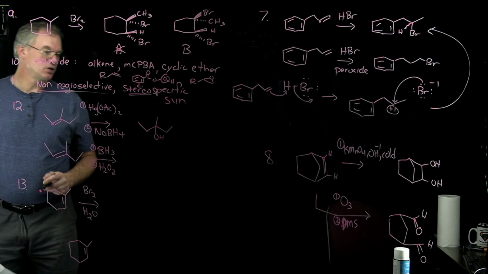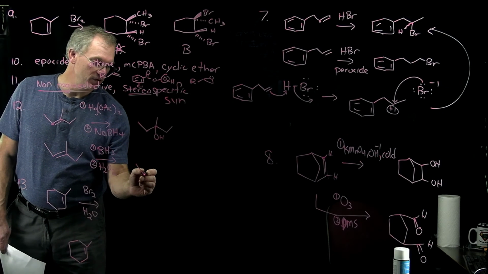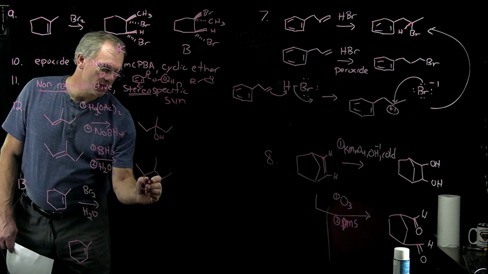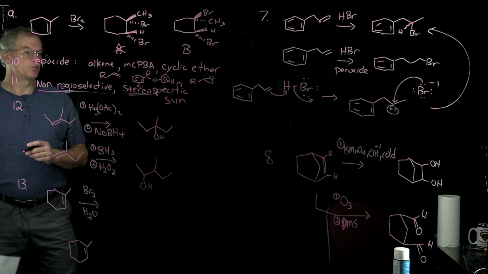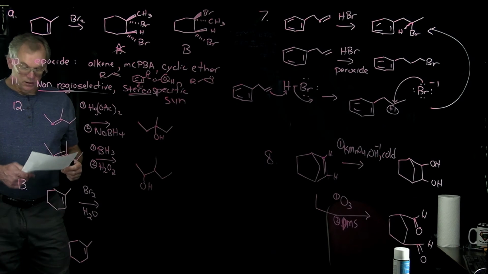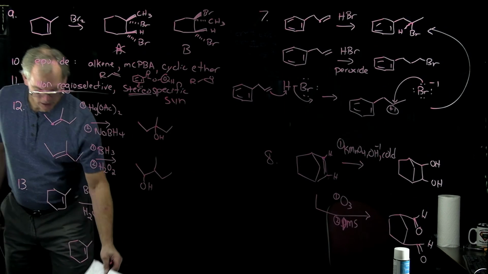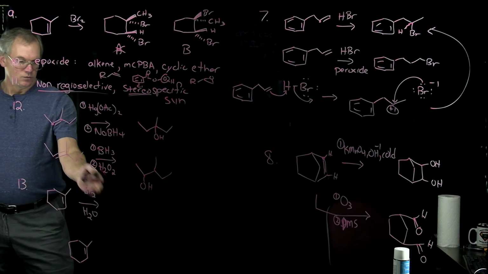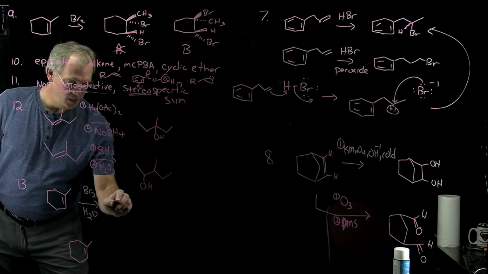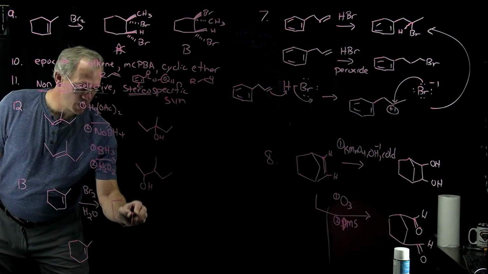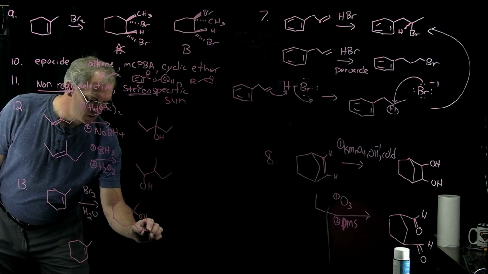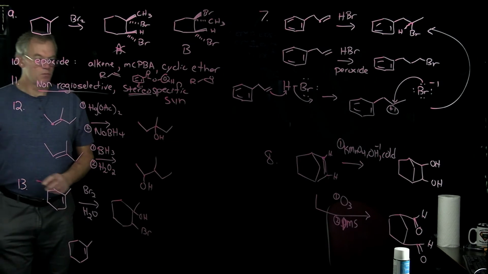In hydroboration oxidation, you flip that regiochemical outcome, and so that alcohol would be formed preferentially. And in number 13, you're asked to show the product of this, which is going to be a halohydrin, and the halohydrin is a tertiary alcohol and a secondary bromide.